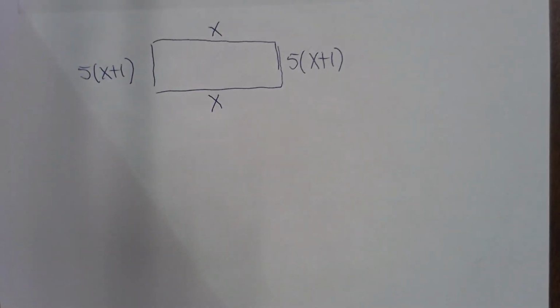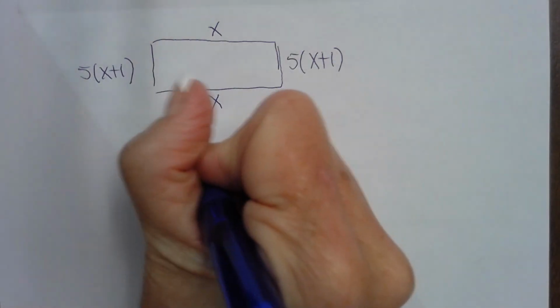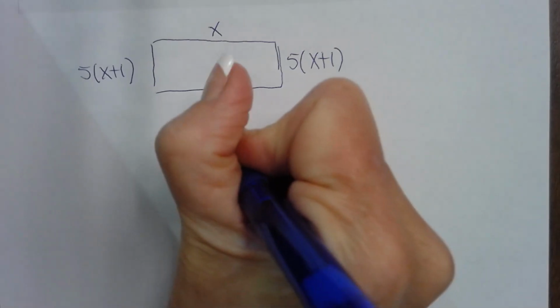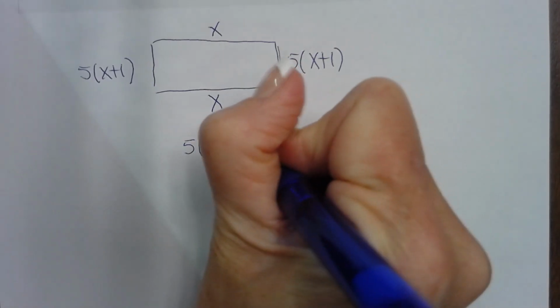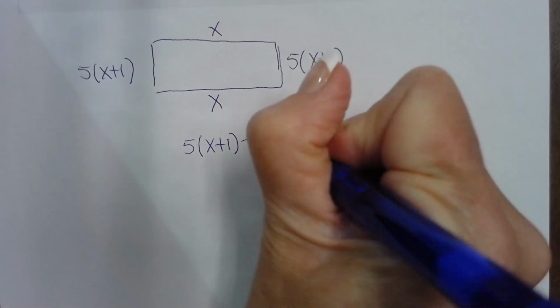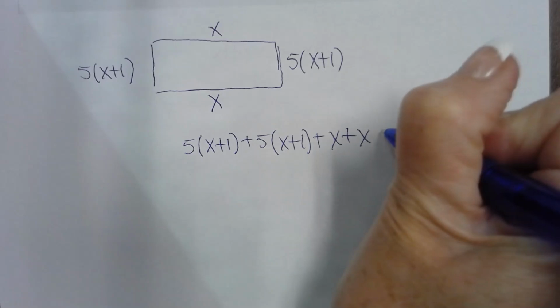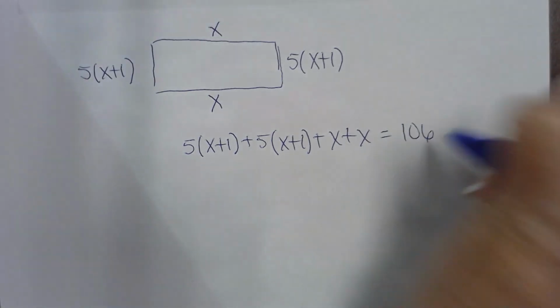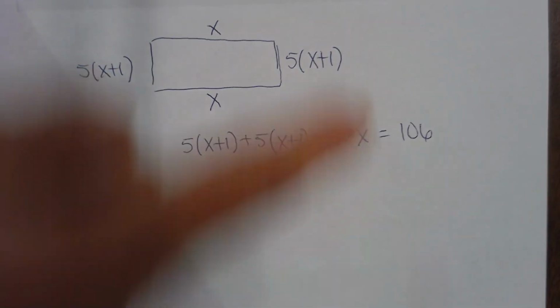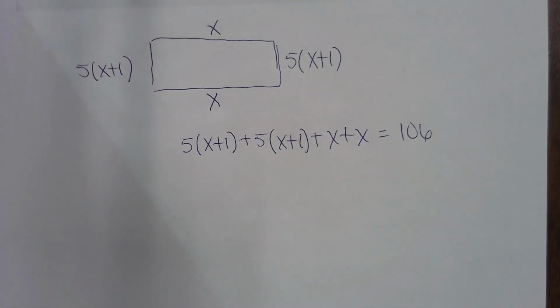And all we need to know, folks, is perimeter is adding up all the sides. Okay, so we've got 5 parentheses x plus 1 added to 5 parentheses x plus 1 added to x, added to x. And it says that total is 106. So all I did was add up all the way around.